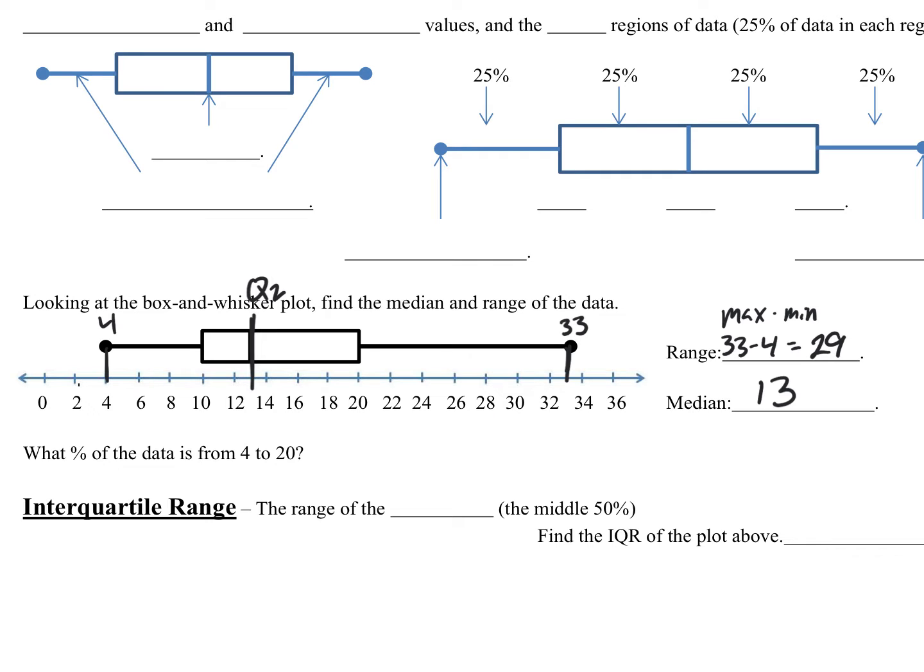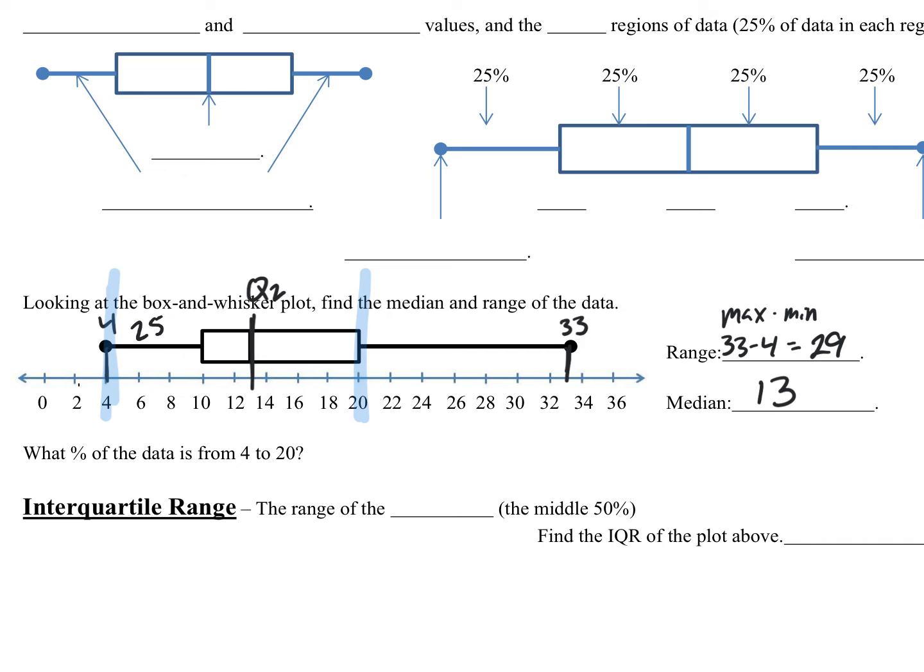So we have this new thing. Oh, we skipped this part. What percent of data is from 4 to 20? We talked about each of the quartiles being 25% of our data, which is quite important, and we use that quite frequently. So from 4 to 20, what percentage of our data lies there?